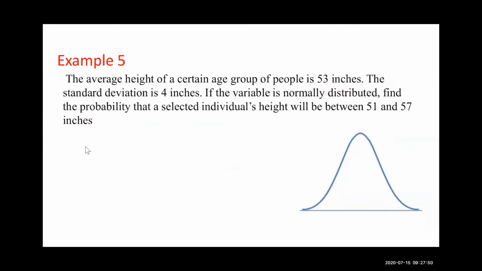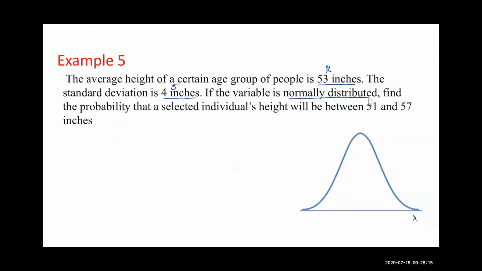Let's find out what is asked in this question. The average height of a certain age group of people is 53 inches. That is the average height given to you. That's your mean. The standard deviation is 4 inches. If the variable is normally distributed, so the distribution of the height is normal.